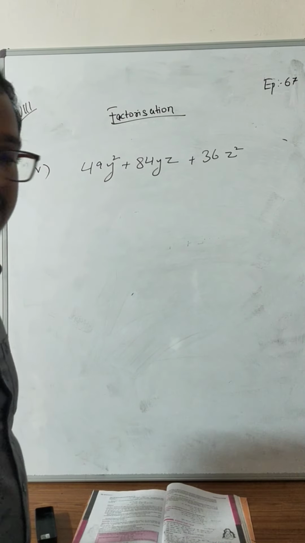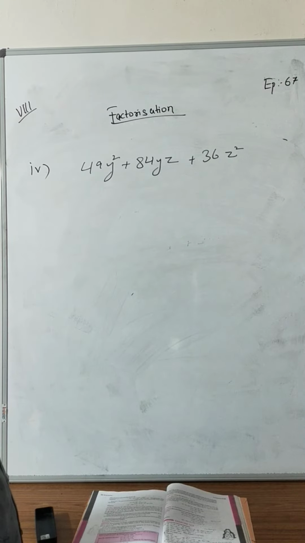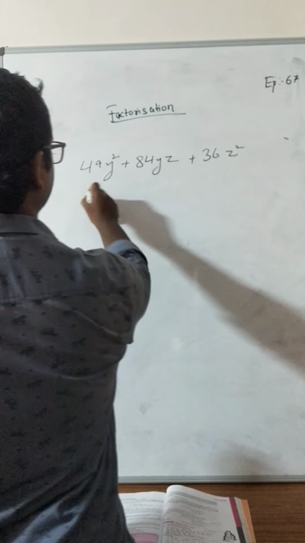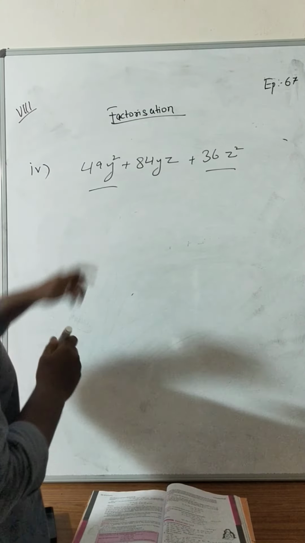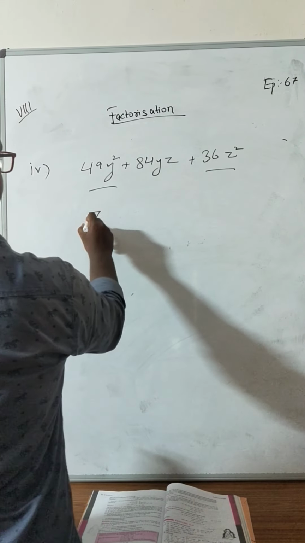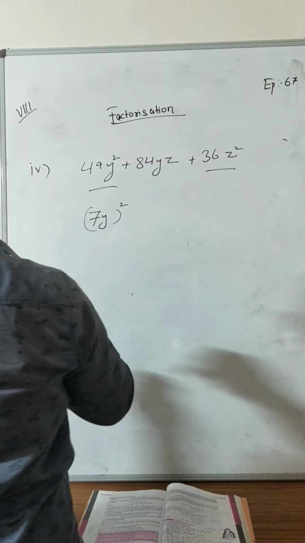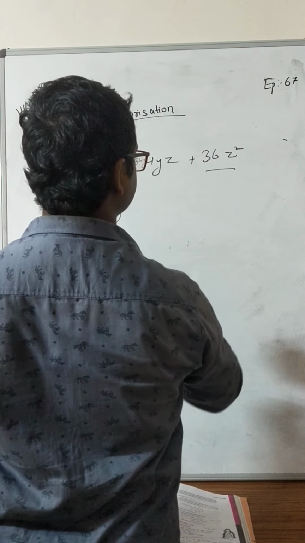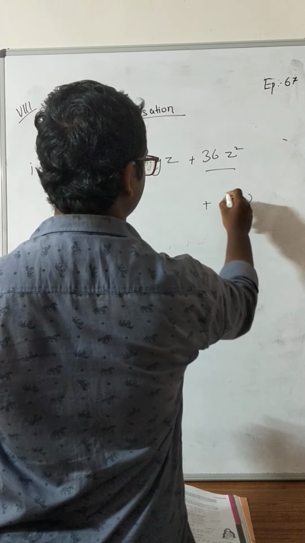Let's see the first term and the last term. The first term is 49y square, which is nothing but 7y whole square. Similarly, 36z square is nothing but 6z whole square.